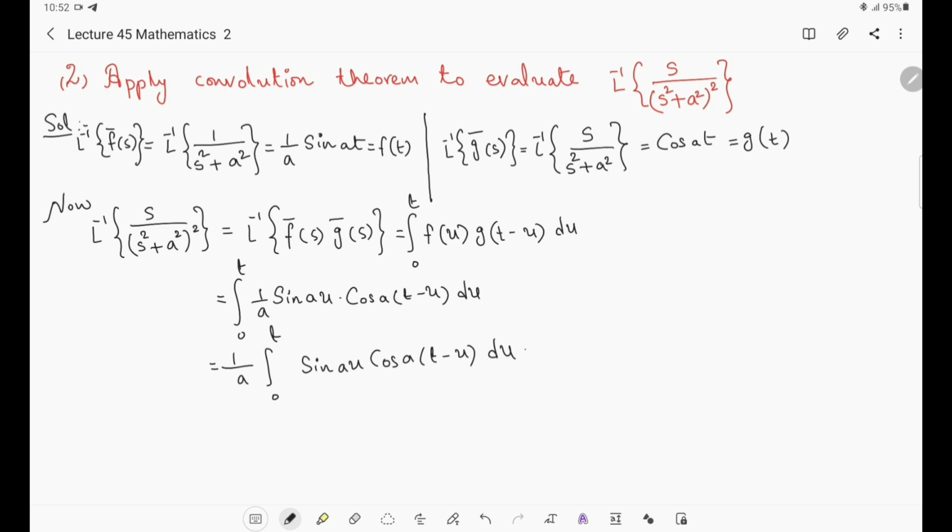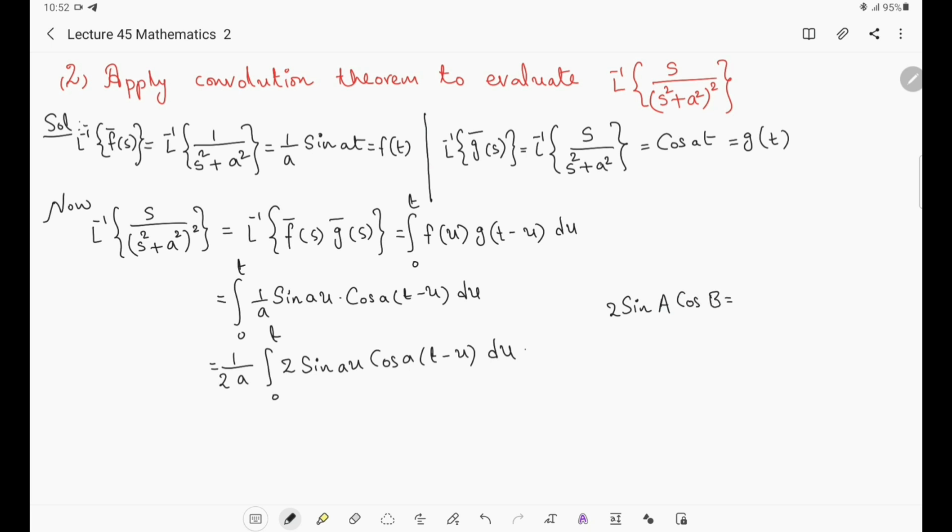Right? Now we have to integrate this. Two functions are there, sin and cos, in a product. We cannot directly find the integration of this. So we try to apply the 2 sin A cos B formula, but for that I need to have 2 here. So I will multiply this with 2 and divide by 2. It doesn't matter.